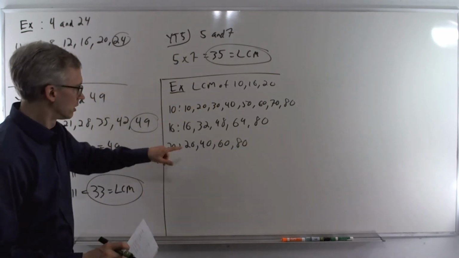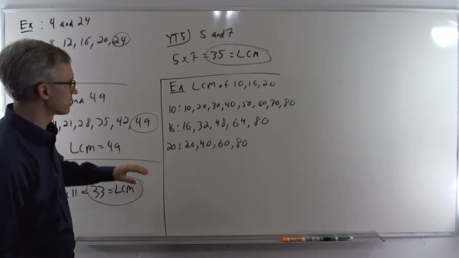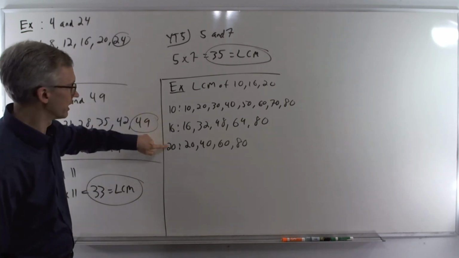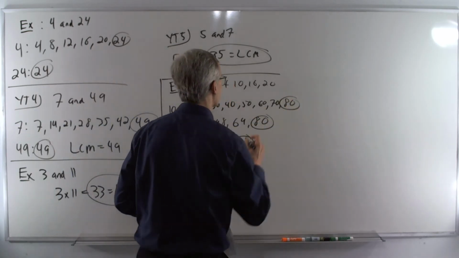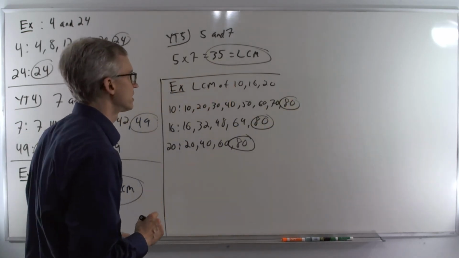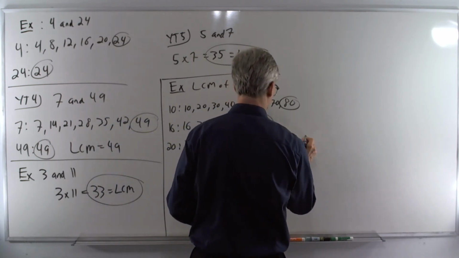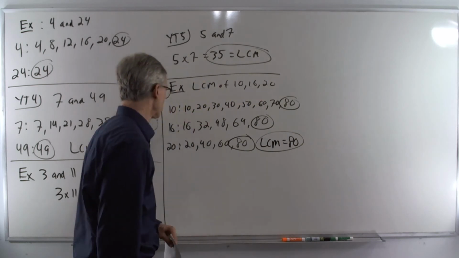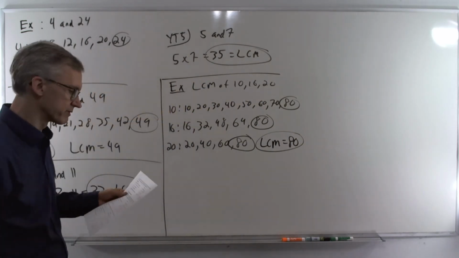We're going to look at these lists and find the first time we see a number in all 3 lists. It has to match in all 3, and the first time that happens is 80. So that means the LCM of 10, 16, and 20 is 80. Your turn, number 6. Find the LCM of 6, 8, and 12.